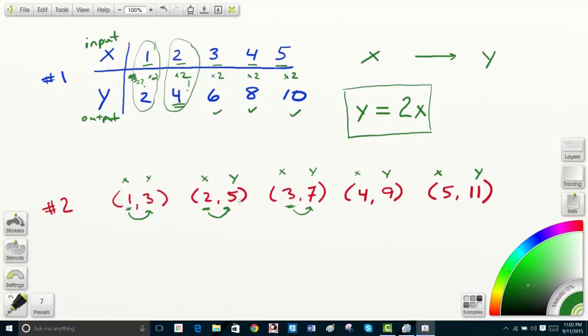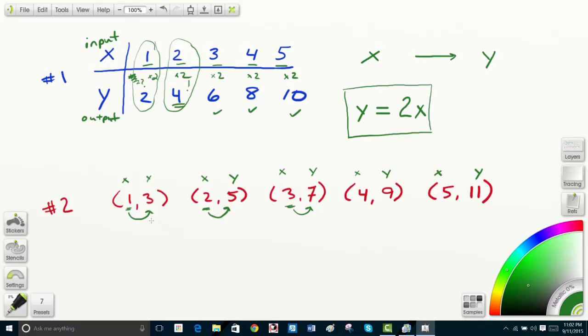So that doesn't work. When we added a number, we undershot, right? Like 1 plus 2 is 3, 2 plus 2 is 4. That's too little. Then when we tried multiplying, 1 times 3 gave me 3, 2 times 3 gave me 6, I overshot. So multiplication is a little too much, and addition was a little too little.